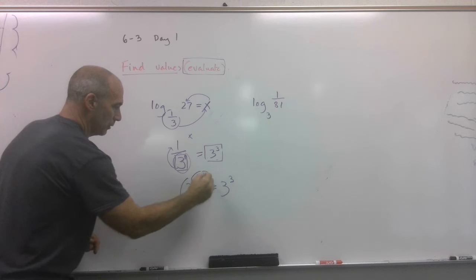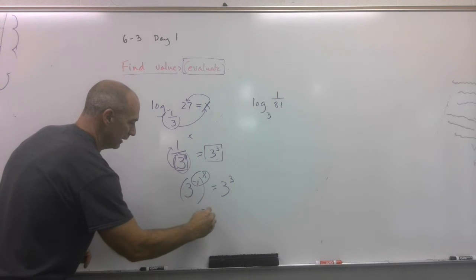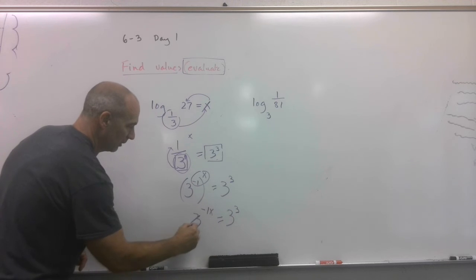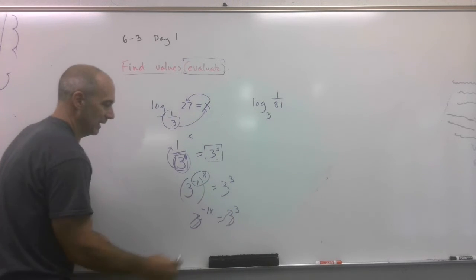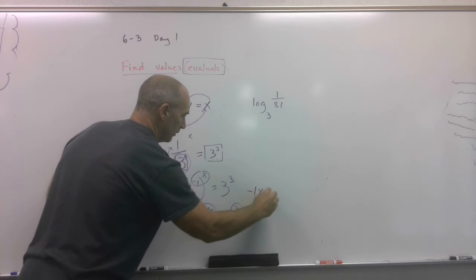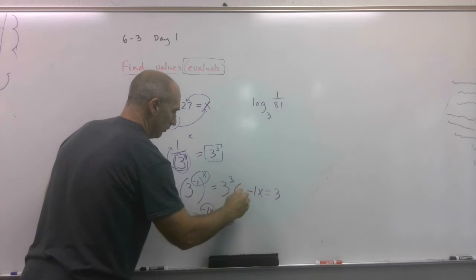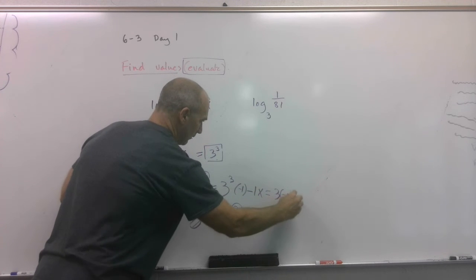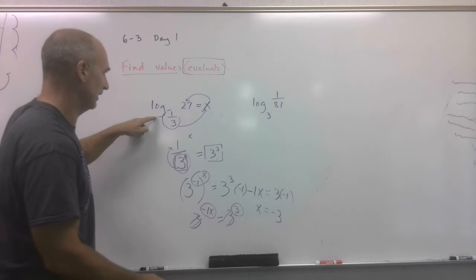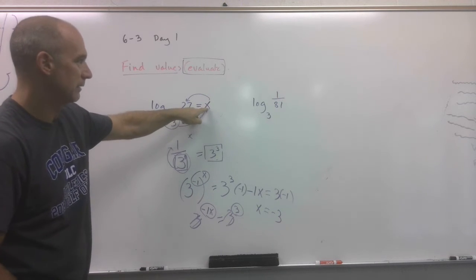Remember, power to power we multiply, so 3 to the negative 1x equals 3 cubed. Essentially, these drop out because they're the same. I just know that this equals this. So negative 1x equals 3. And we'll multiply by negative 1, multiply by negative 1, x is negative 3. That's what this equals. It equals negative 3.